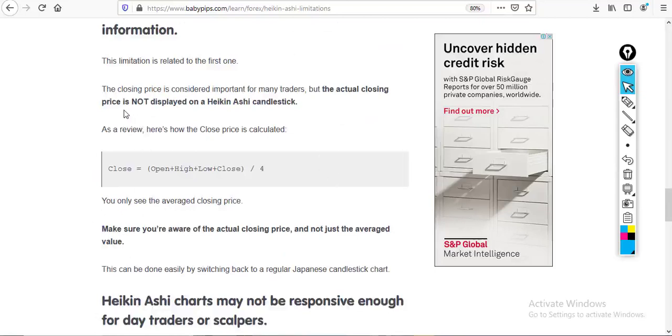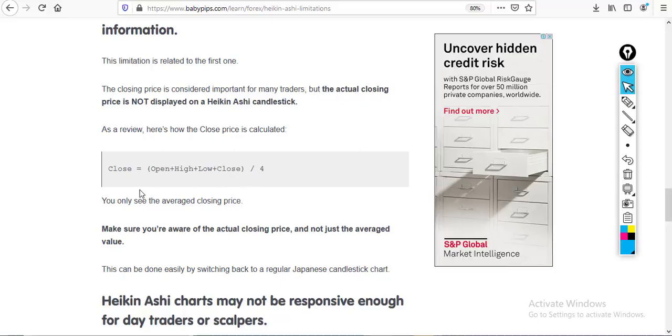Another limitation is that the closing price is considered important for many traders, but the closing price is actually not displayed on a Heikin Ashi candlestick chart. Why? Because to get the close, we have to calculate it, which is the open price added to the high, added to the low, and added to the close, and then divided by 4.